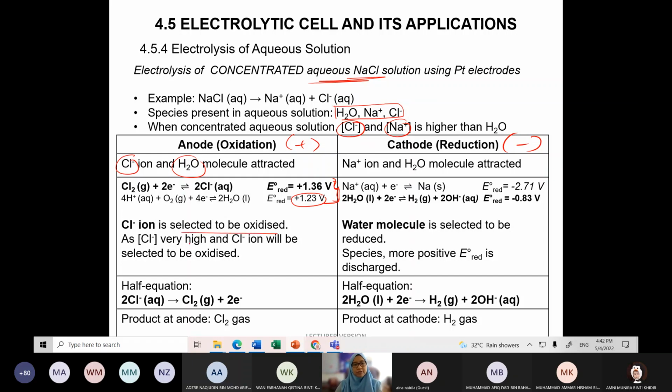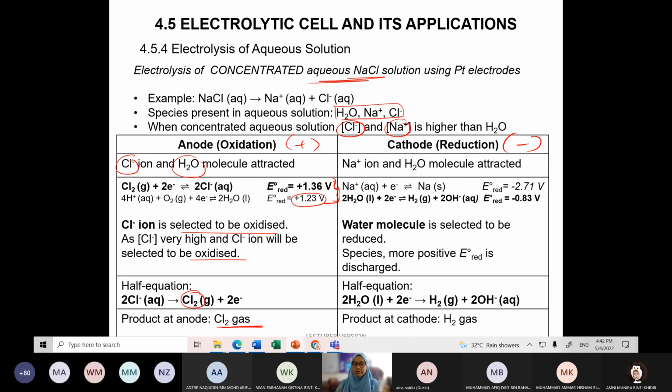It is selected to be oxidized because its concentration is very high. So this is the equation of Cl- being oxidized. Make sure that it is balanced. As you can see, it produces chlorine gas. That will be the product of oxidation at the anode.